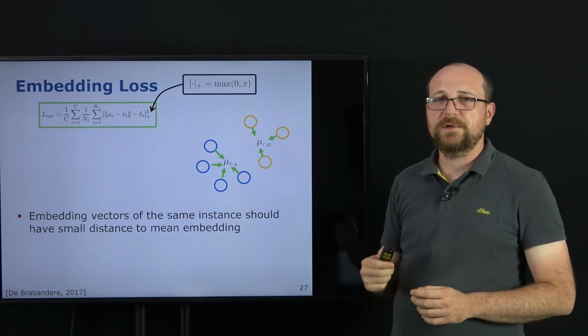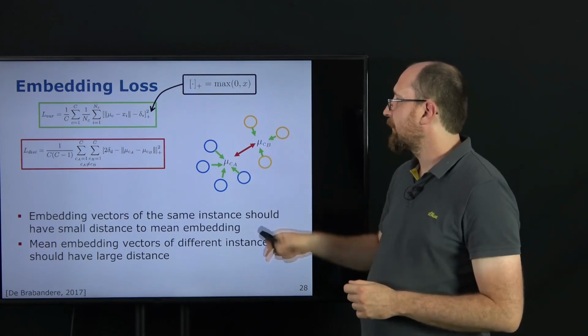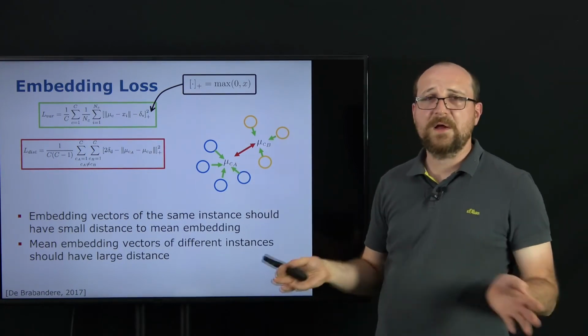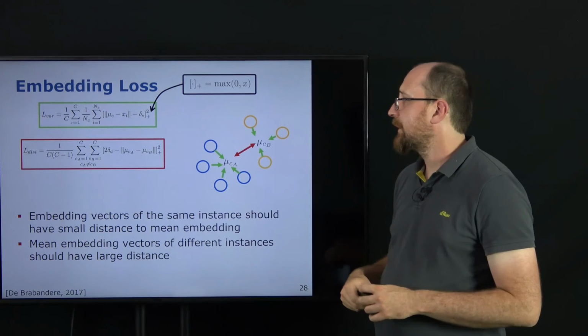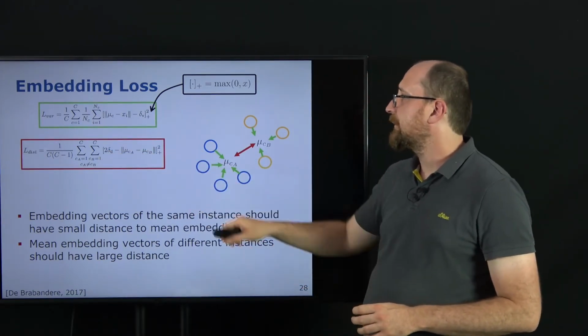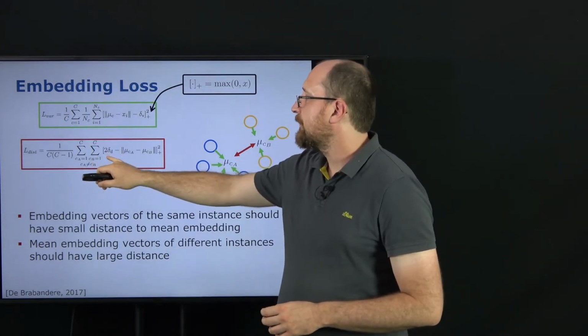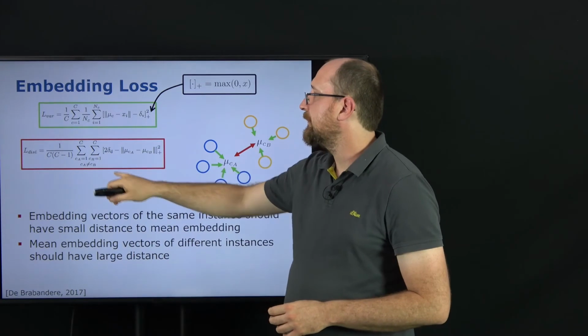And for different instances, we want to push the instance vectors apart from each other, and for this we are just inverting the distance here. So we want to have the distance such that it's larger than delta_d in the end.